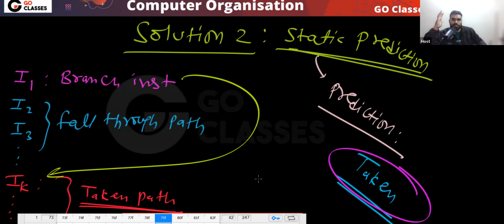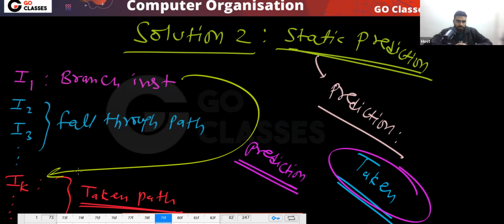Tell me, in this prediction, if you find out in the execution stage, the third stage, that actually you should not jump to IK, you should go to I2, then what will you do? Then you will flush.